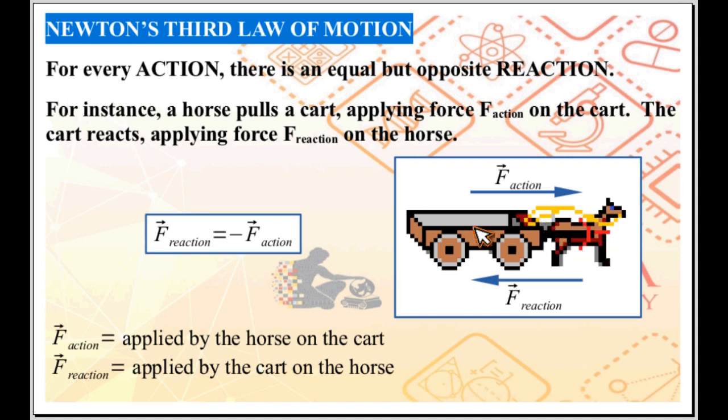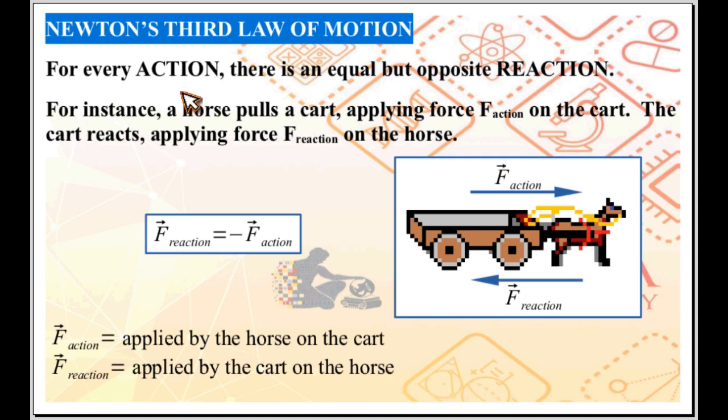The horse pulls on the cart, F action. The cart will react by applying force, F reaction, on the horse, equal in magnitude to the F action but opposite in direction. In this figure, F action is applied by the horse on the cart. F reaction is applied by the cart on the horse.